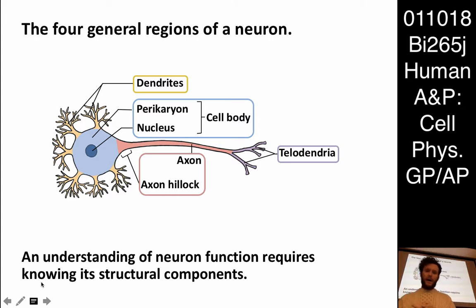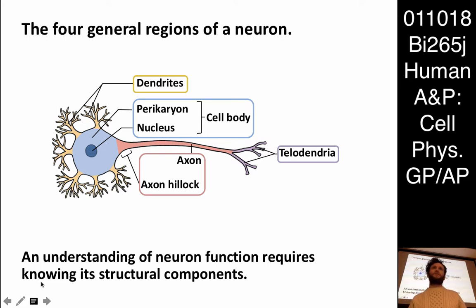Before we do that, I'm just going to go through a little bit of basic cellular anatomy in the neuron. A neuron has four general regions. There are the dendrites, which are how information comes into a neuron. In some ways, a neuron is a model for the way the entire nervous system works.